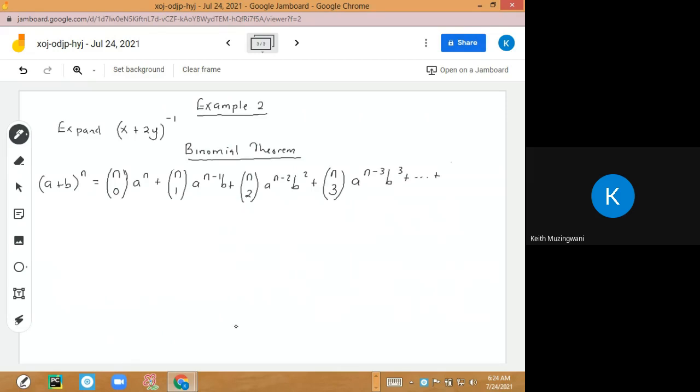If you find a term you don't know, you can put a general term there, n choose r a^(n-r) b^r, and keep going until you end at b^n. The same thing we noticed when looking at Pascal's triangle, where the first term had a power n and the last term had b to the power n, is still happening here.